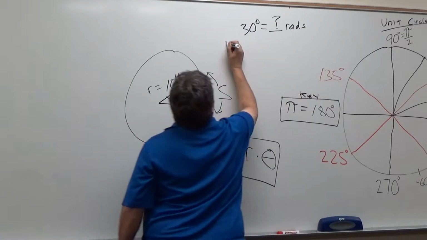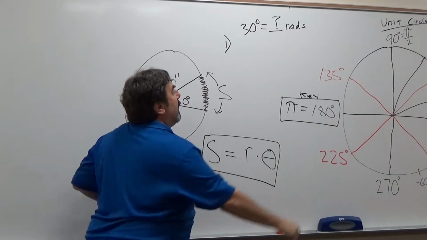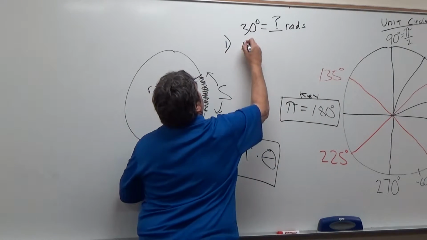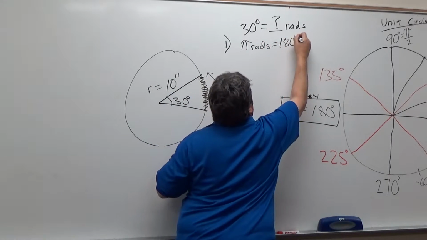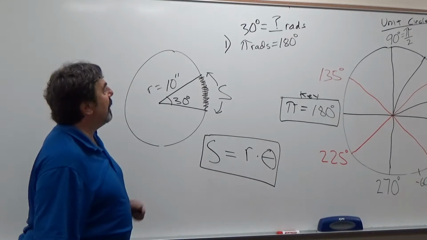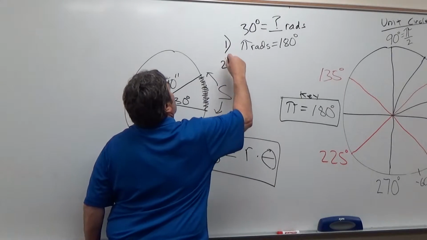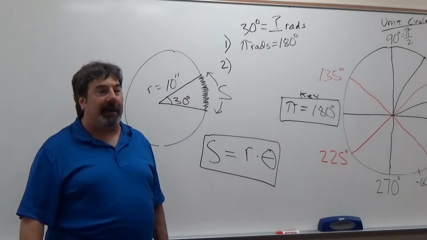We start out by step one. We say that here's our key. Pi radians is equal to how many degrees? 180 degrees. Very good. And step two is to make two fractions out of step one.